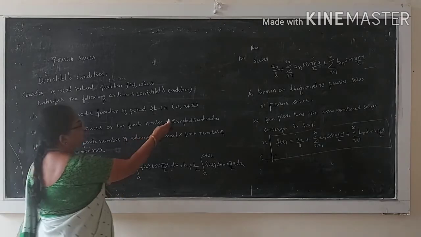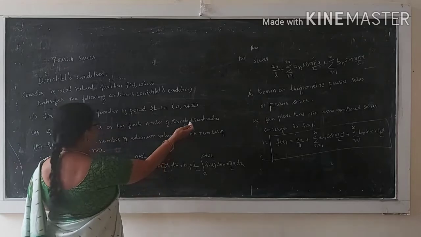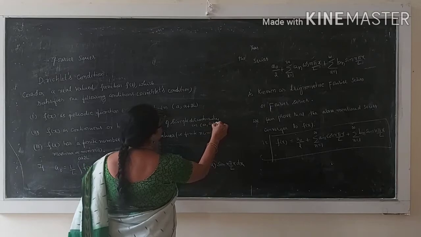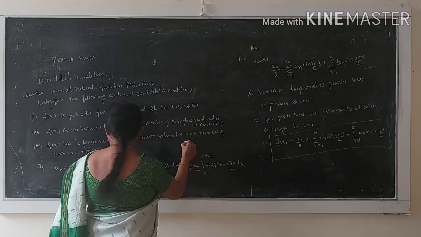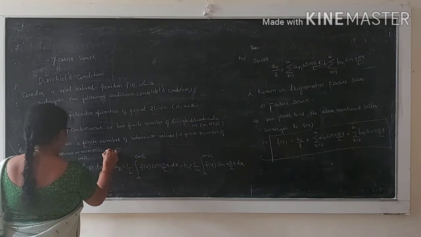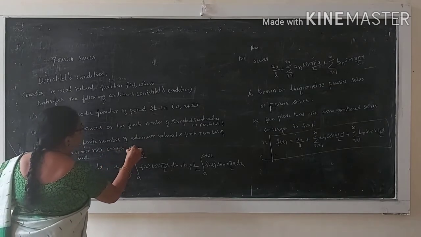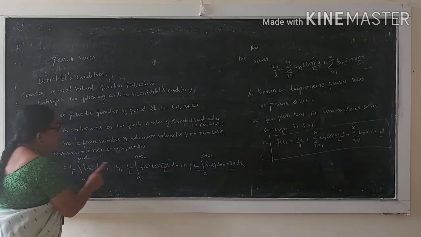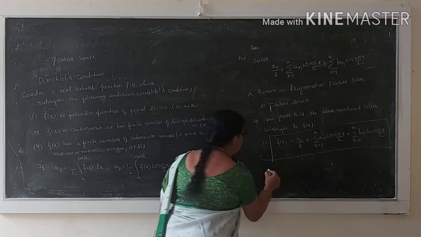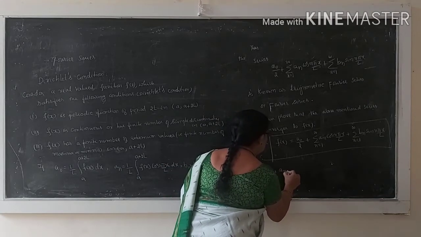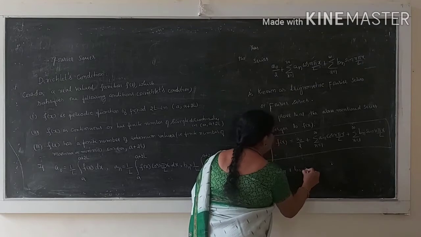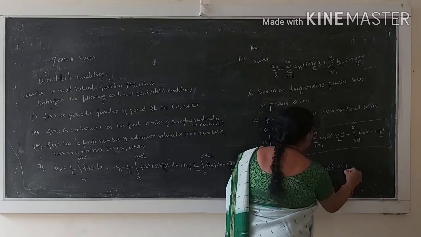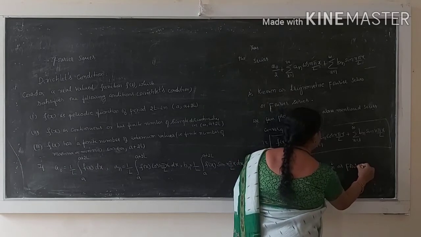Here, as usual, f has a finite number of simple discontinuities in the interval a to a plus 2L. The mentioning of that interval is important. These values, a0, an and bn, are known as Fourier coefficients.